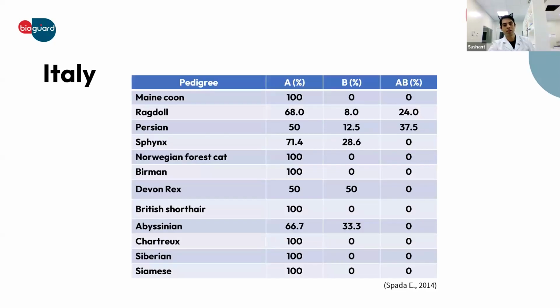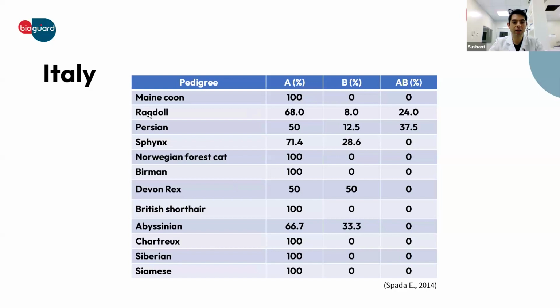So in Italy, of course, there is a greater number of pedigrees compared, and you can see that some breeds have shown that the B percentage is quite prevalent in this pedigree, as the breed also has 33.3% of B blood group being compared, with A at only 66.7%.